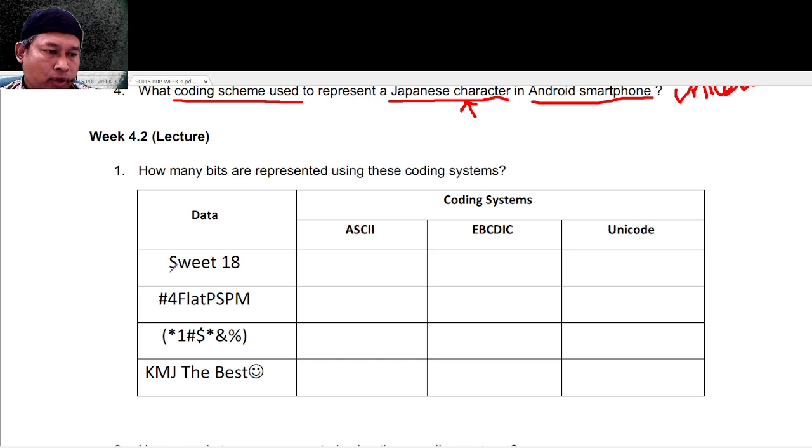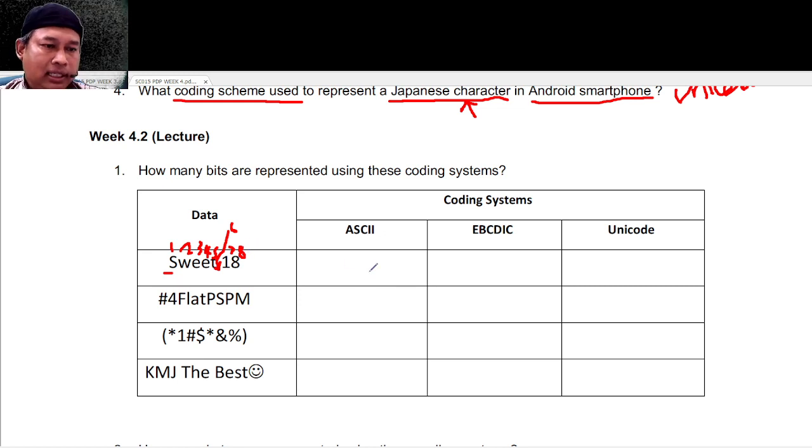We start from S, which is 1, W is 2, E is 3, E is 4, T is 5, and you must include the space. One space is one character. Now 5, 6, 7, 8.